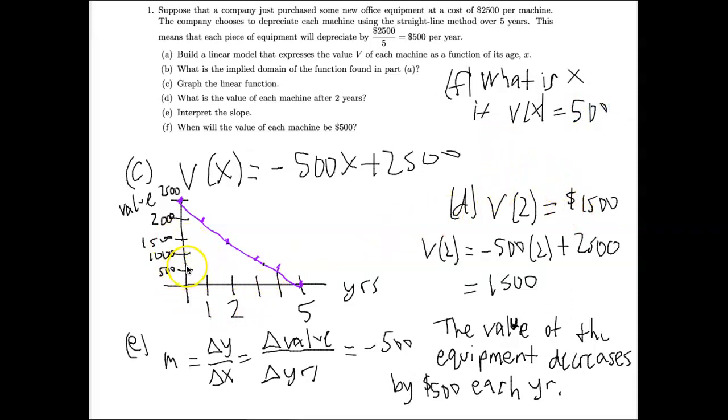So the v of x is here. This is our value. And so we want to know what is x. And that's going to be when x is 4. So you also could have replaced v of x with 500 here and just solved for x.